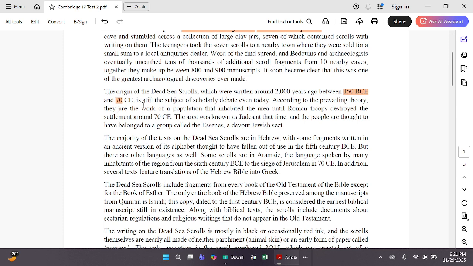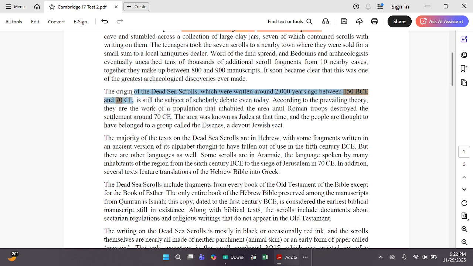Origin of something is still. When you are trying to read the IELTS reading section, just try to minimize the sentence because there is a lot of additional information you don't need to read. So just look how I read it. The origin of the, okay, the origin.